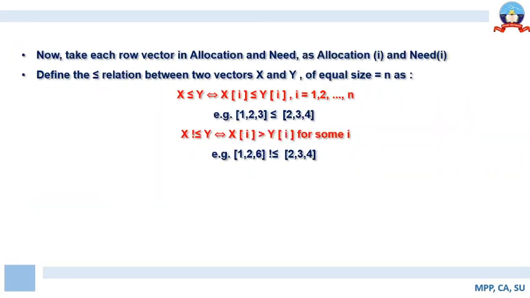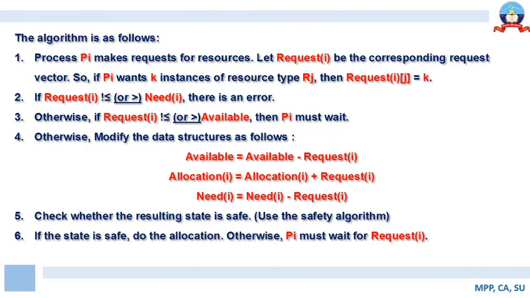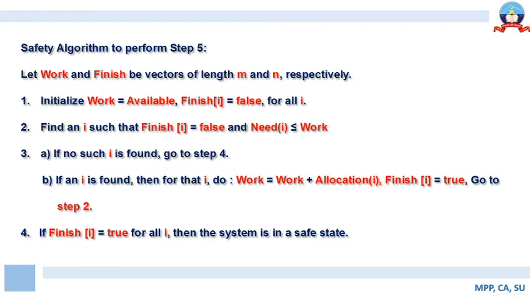Then we have learned about the use of vectors and the reason for using vectors, what it simplifies, right? And then we proceeded with the 6 steps of the Banker's algorithm, where you have learned in detail the sequence of operations that are performed, and then eventually we moved on to the safety algorithm that tries to determine whether the allocation sequence will lead to a safe state or not, right?